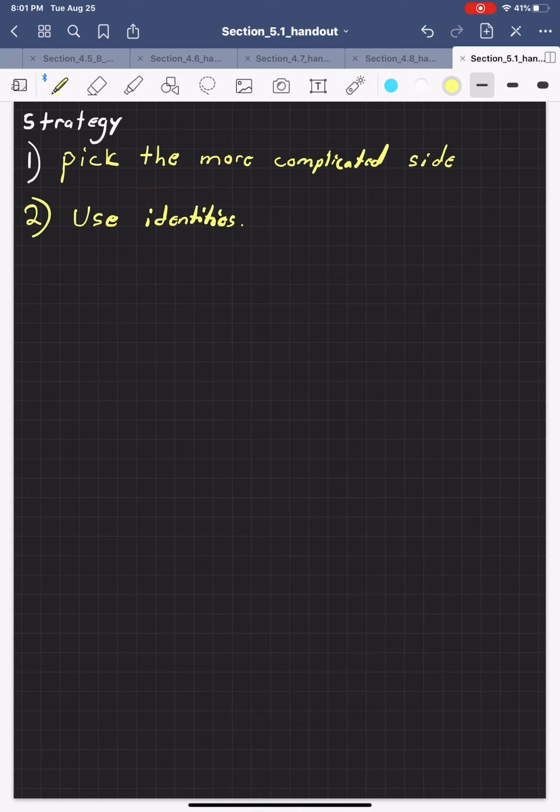Let me give you two more early strategies, and then we'll add to it. So I don't know why I went from 2 to 4. So one strategy is, after you've chosen the more complicated side, and again, I'm just trying to be informal here, turn every function, in other words, into sine or cosine.